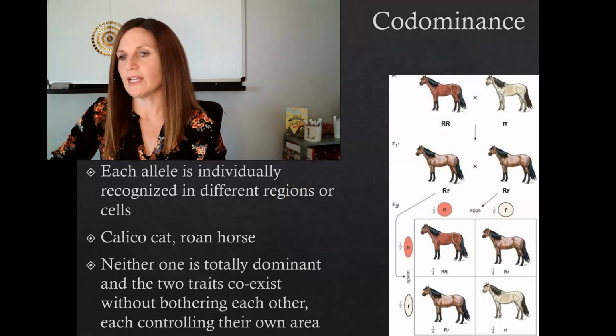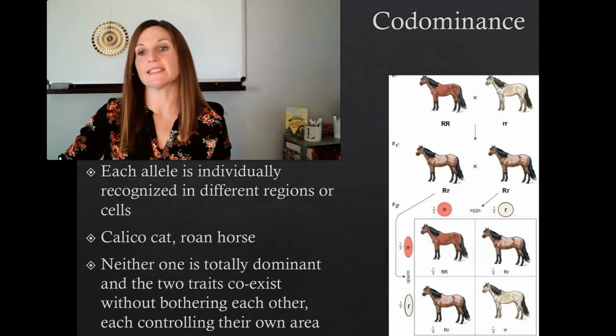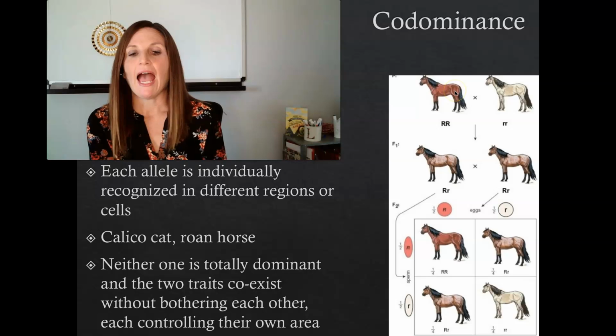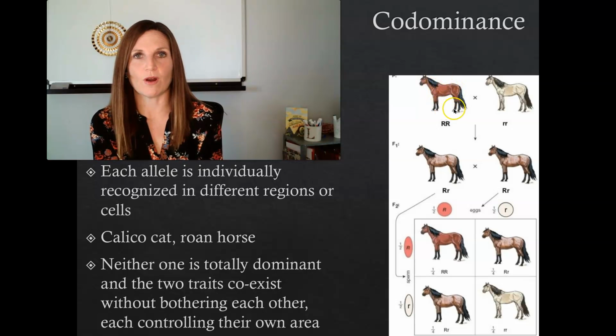When we want to look at the genetics and the inheritance pattern of this, we start up here, and we see this bay-colored horse, this brown bay horse, and then we also have a light-colored horse. When these two horses are mated, the heterozygote has a roan coloring.